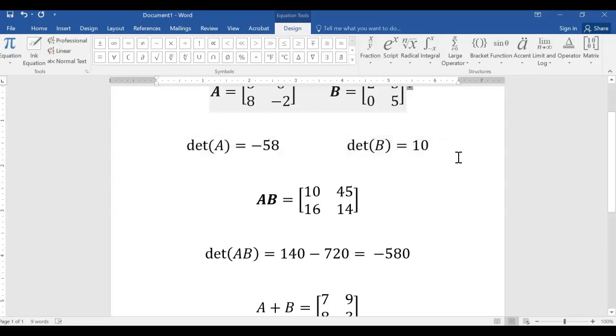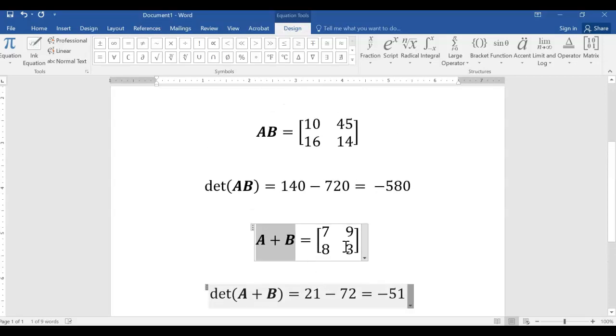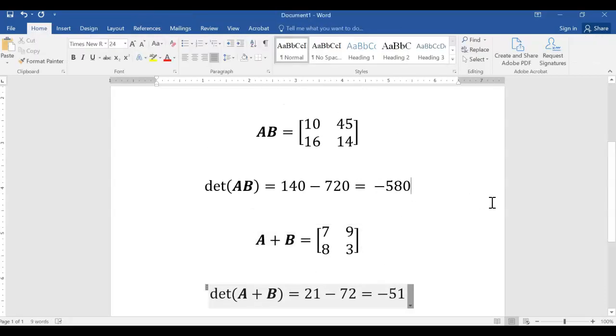Okay, so adding, you're not going to get nice properties, but multiplying matrices, you do get nice properties. So when you multiply two matrices, you can multiply the determinants individually. Adding, you cannot. Hopefully that all makes sense.